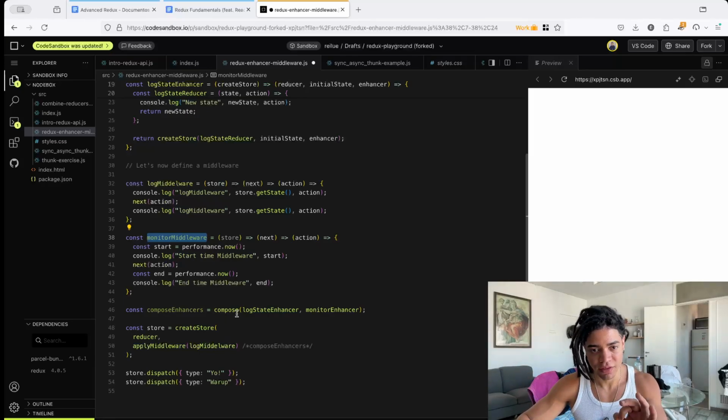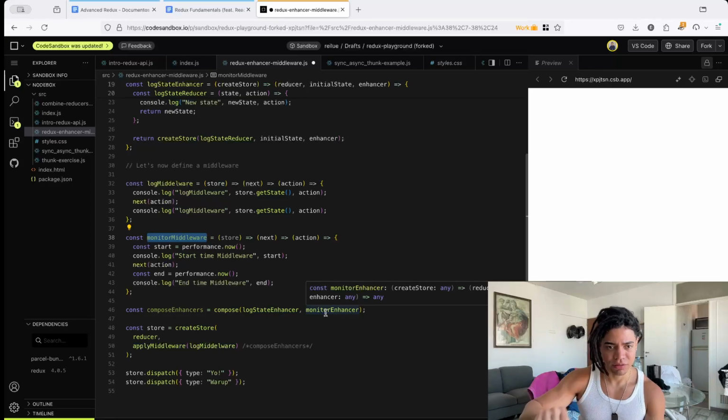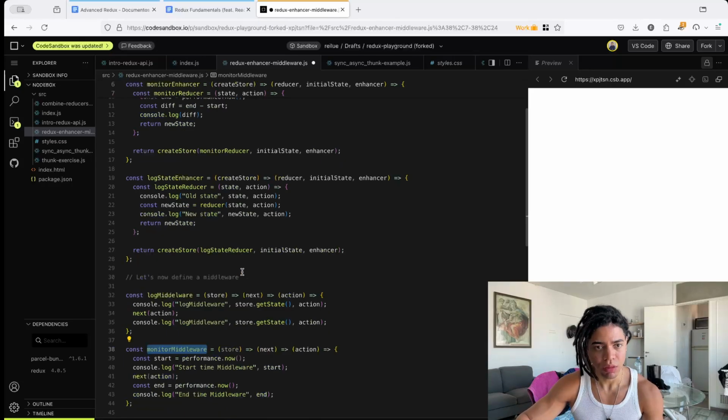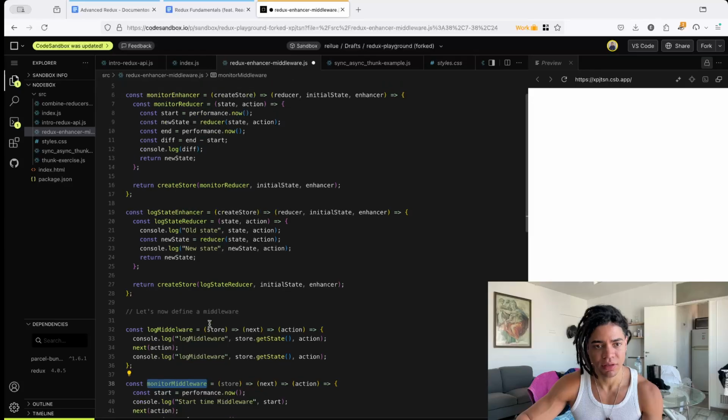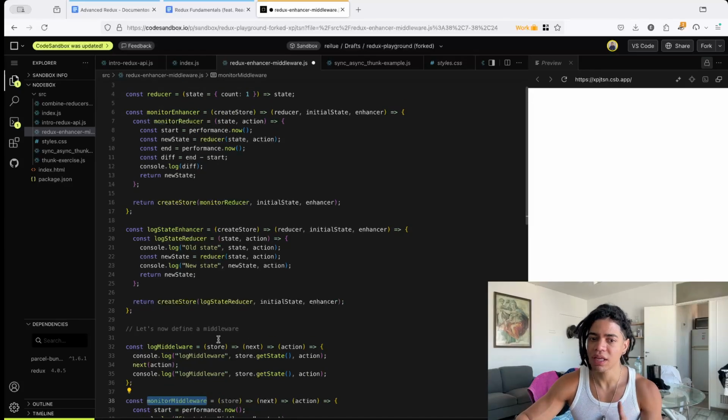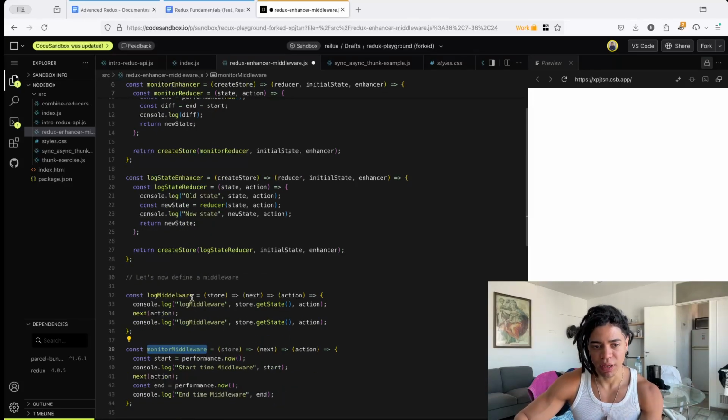In our case, it runs the logger and then the monitoring. In this case, it runs the monitoring and then the log state. This is quite interesting.